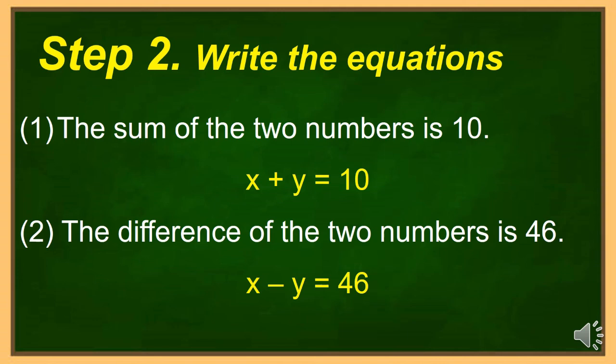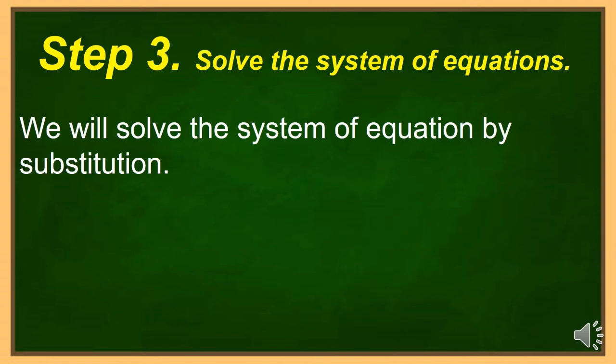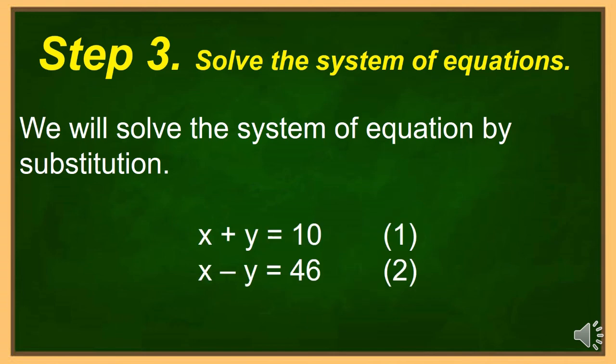For our third step, we will solve the system of equations. We will solve the system of equations by substitution. The first equation is x plus y equals 10 and the second one is x minus y equals 46. Again, we will solve the system of equations by substitution.